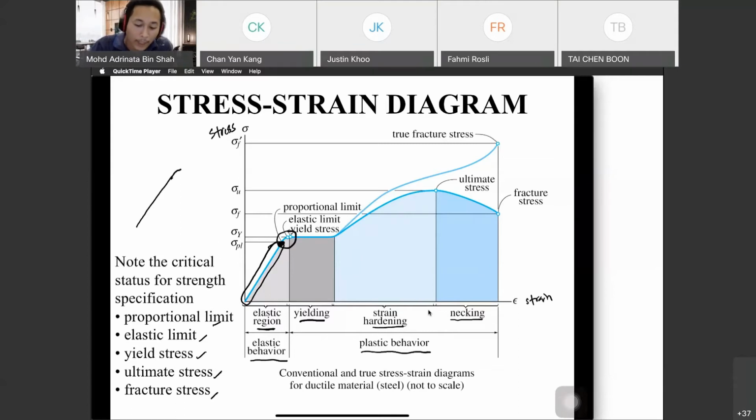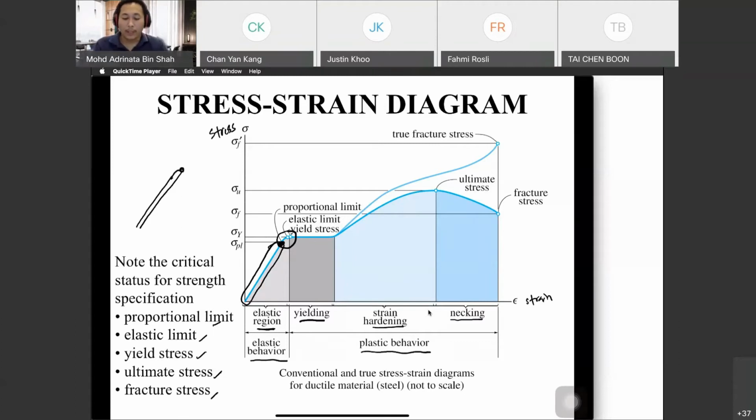And then when you release the load, it will not come back to 0. So that is the plastic region, from the proportional limit onward.